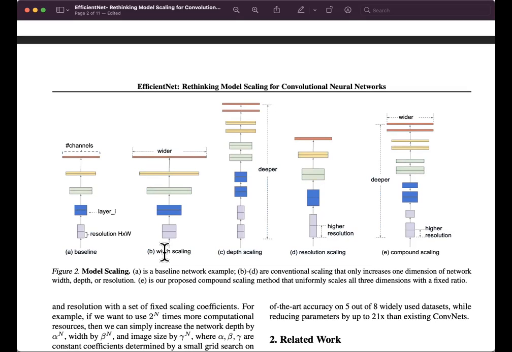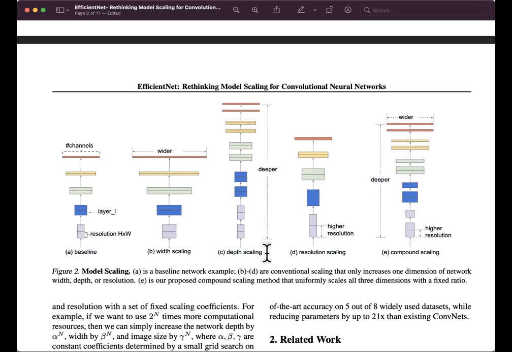C is depth scaling, so we increase the number of layers, and then the network goes deeper. D is the resolution scaling, where we increase the resolution, and E is mainly their proposed method.